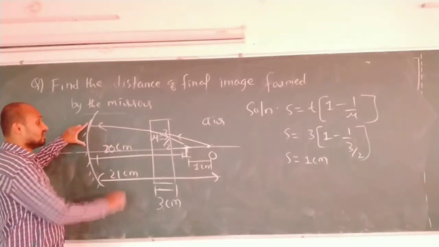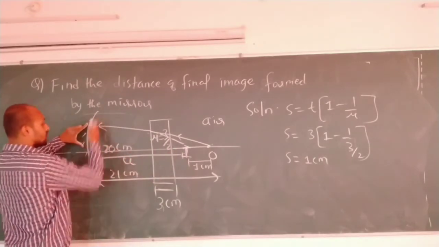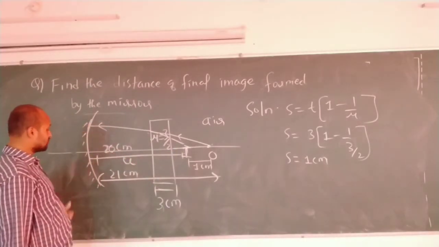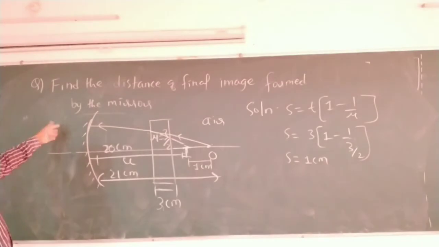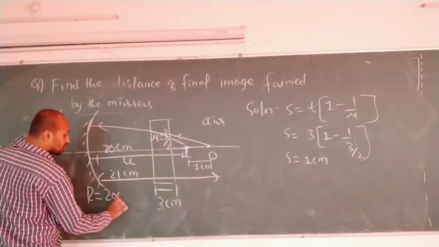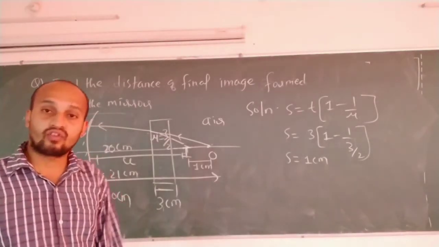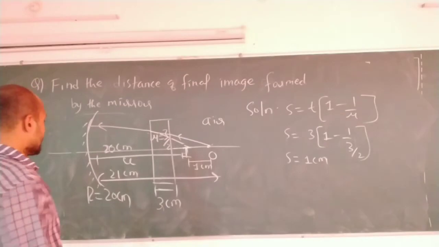By the mirror, what is this distance? This distance is U, the object distance for this mirror. Object distance is 20 centimeter. Actually, I have not written in the question. Here, the radius of curvature for this is also 20 centimeter.